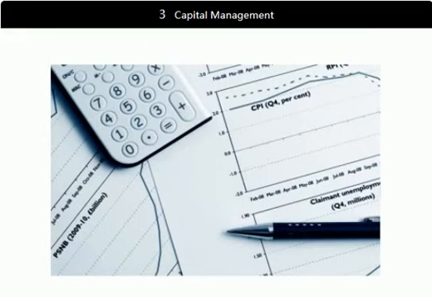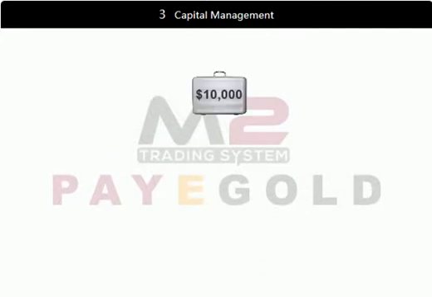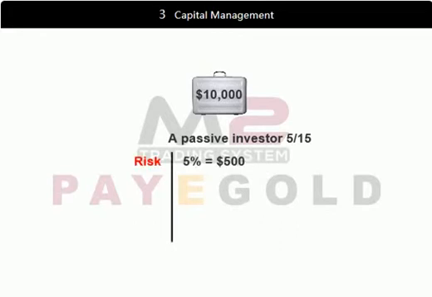The exposure management process leads directly to the next stage, allocation management. In effect, the rules of exposure management dictate to the investor the size of the trades he can open. For example, a passive investor with an account of $10,000 who manages his portfolio according to the 5/15 rule can risk up to 5% per trade, meaning he will not lose more than $500.